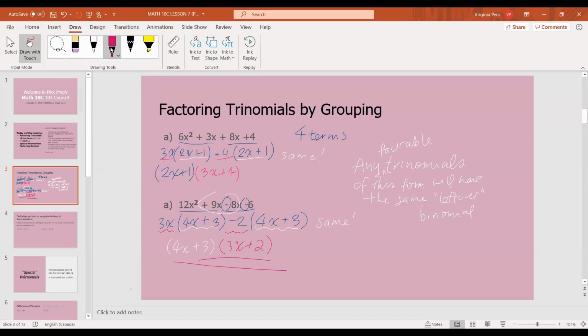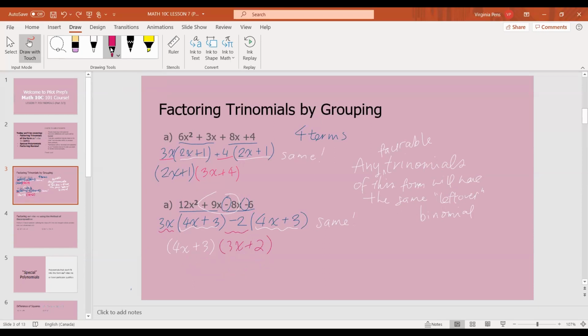And once again, we can always double check by re-expanding the entire thing, although you might not have enough time for that because it is quite troublesome. But we can re-expand by multiplying using FOIL, so first, outside, inside, last, to make sure that the expanded form is the same as the original. Actually, let's do that so you guys can see what I mean.